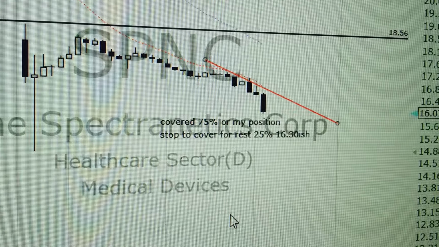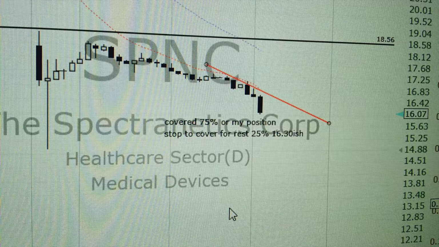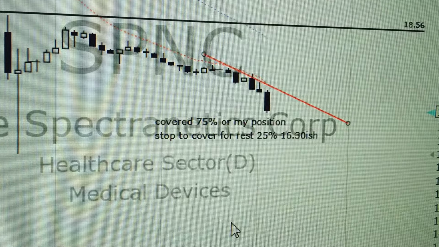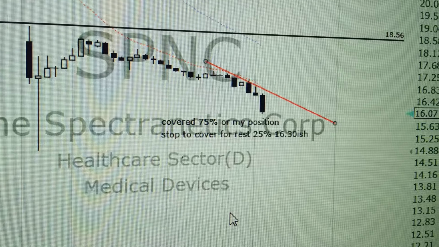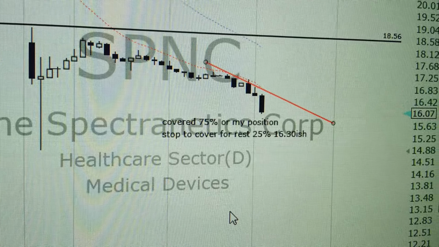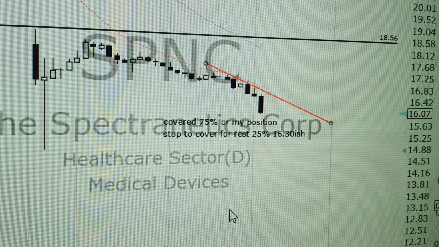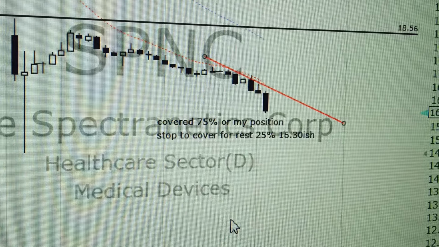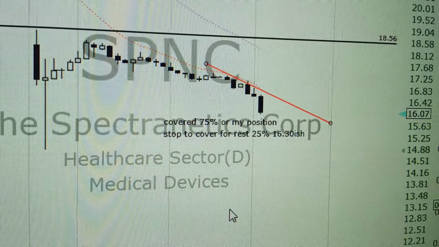Right now, I'm in very good profit, and I will not be risking it. I have a very tight stop, and am looking for the last bear move, and rate of change is telling me that. So I rather cover most of my position and lock my profits in.